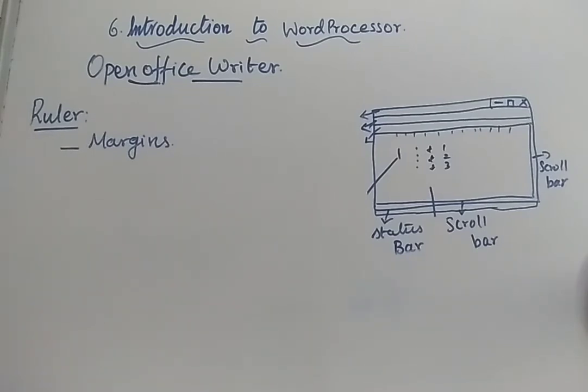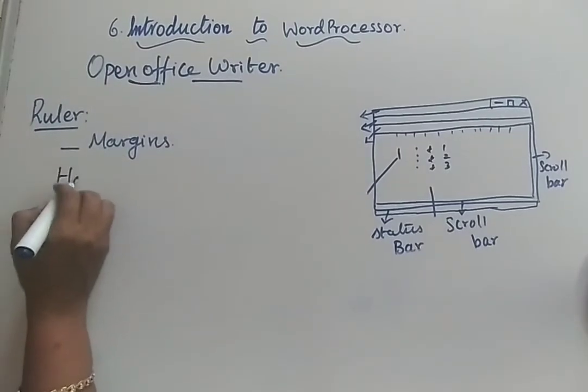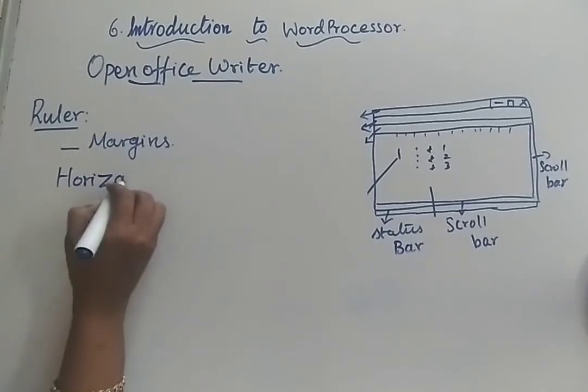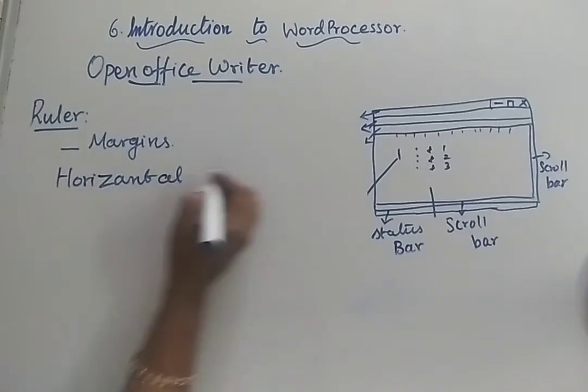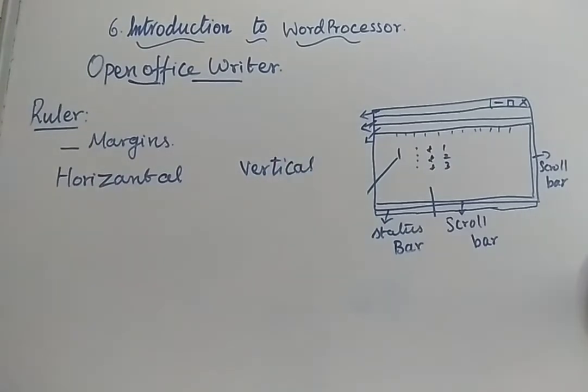Here you are going to have two rulers: the horizontal ruler and the vertical ruler. What is the horizontal ruler going to do for you? Yes, it is used to set the left and right margins.